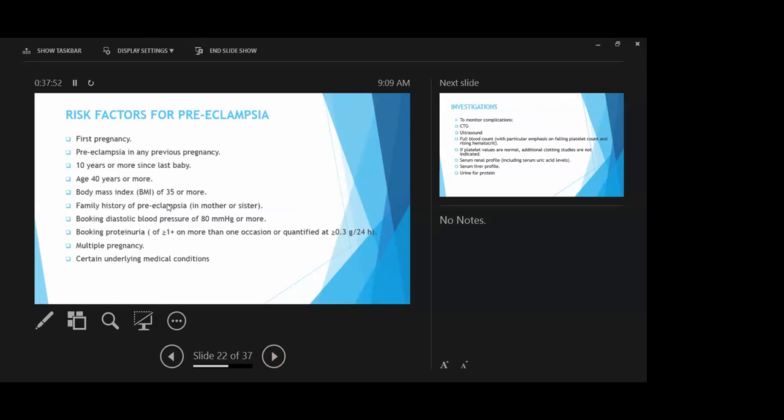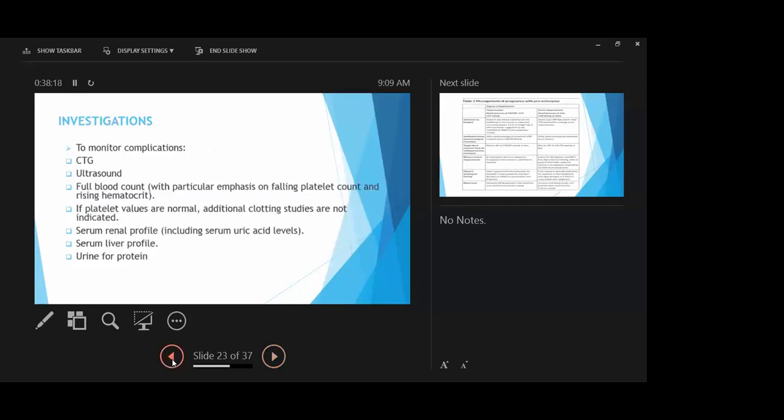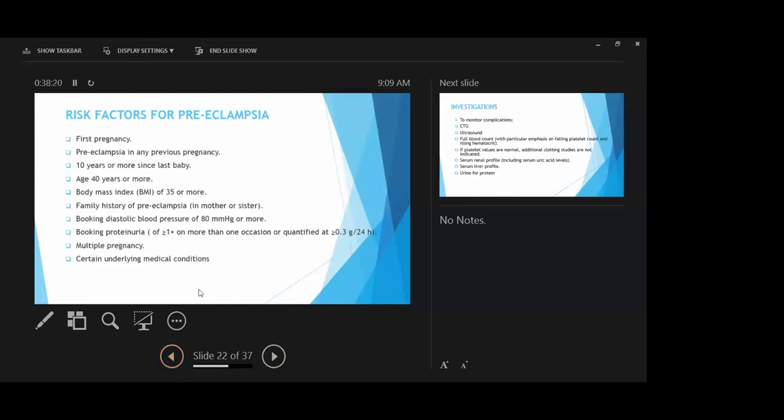And if the diastolic blood pressure is 80 millimeter of mercury or more, booking proteinuria of 1 plus, multiple pregnancy, and certain underlying medical conditions like chronic renal disease, chronic hypertension, SLE. So those conditions which lead to vascular issues.